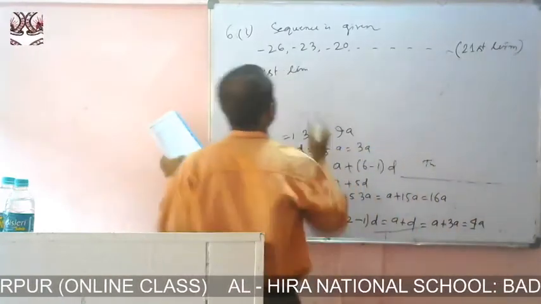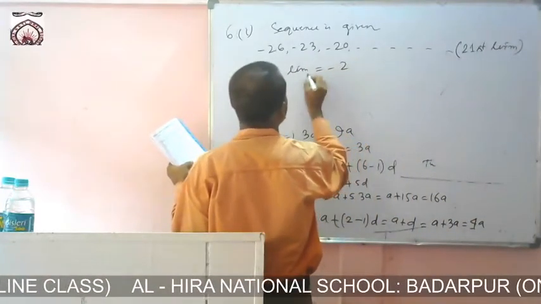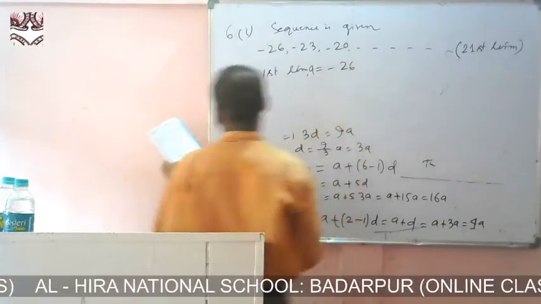So the first term is minus 26. First term means A is minus 26.